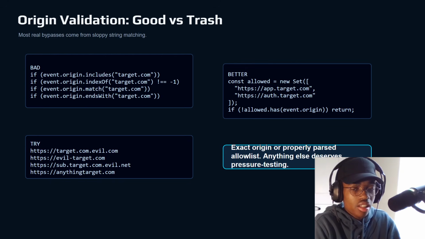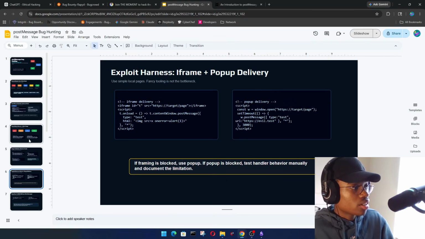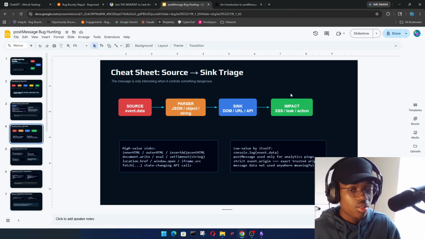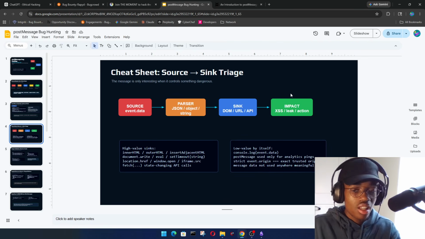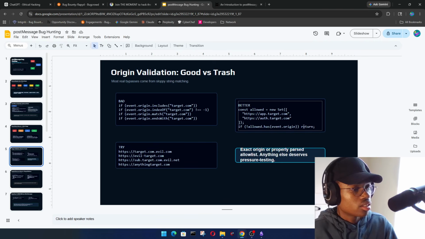Maybe you want to start at the fifth step, which is the impact or the sink. I guess either one, and that's where you want to start. Because if there's no impact or no sink, there's no point trying to see if postMessage is even a thing. I believe you'd just be wasting your time, I think.